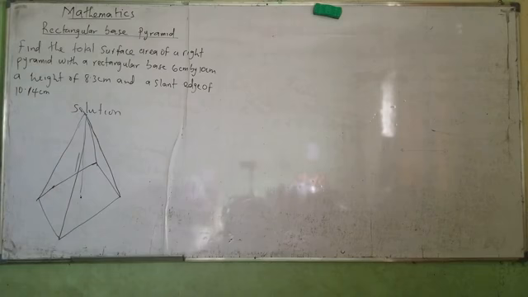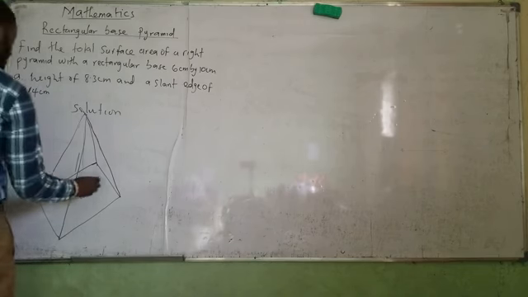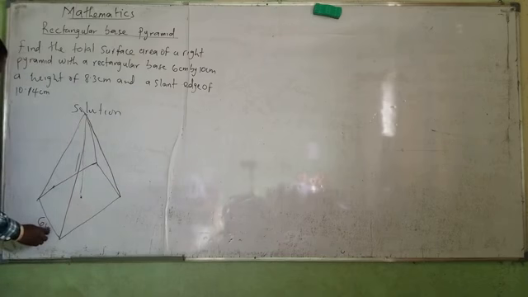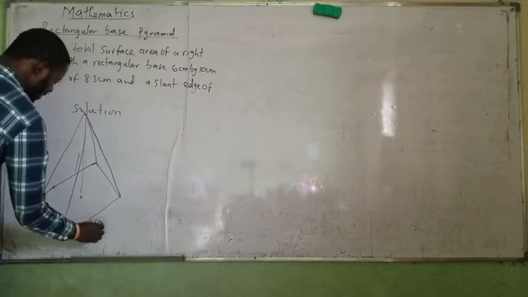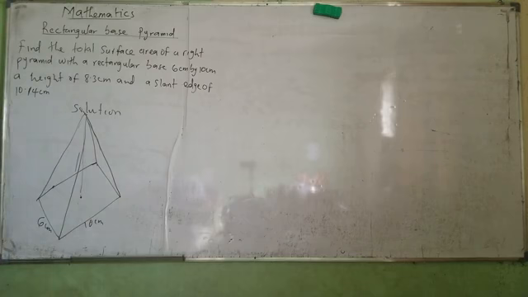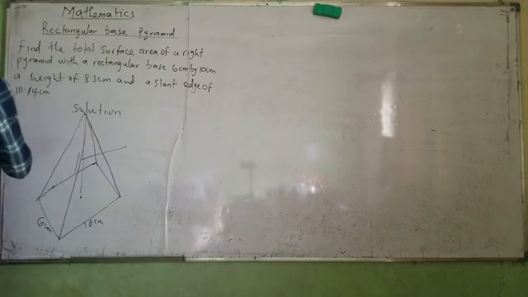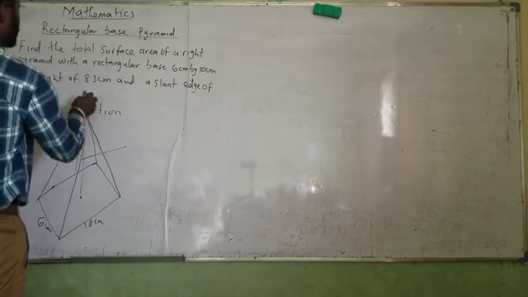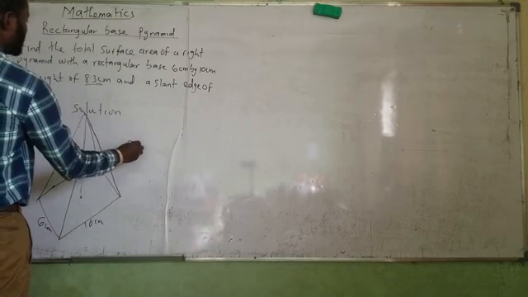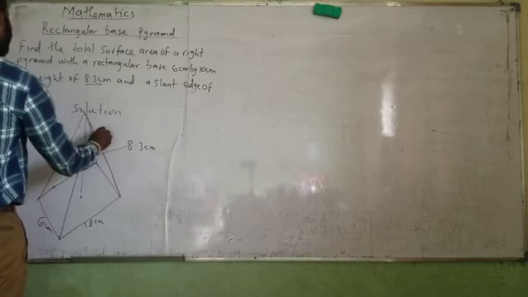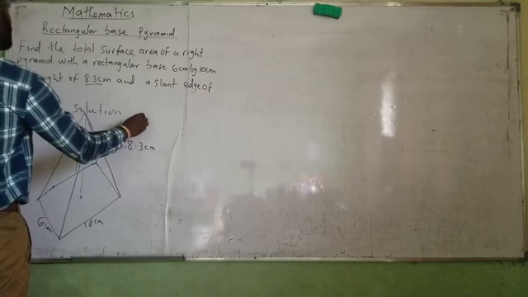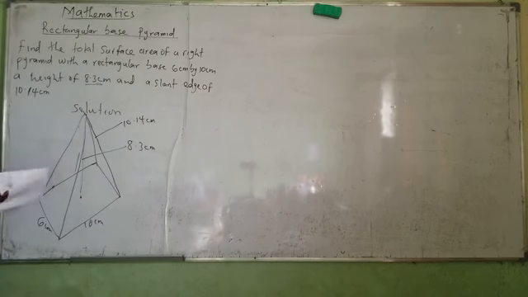They said the base is 6 by 10 centimeter, and the height is 8.3 centimeter, and the slant height is 10.4 centimeter. This is a very simple question that they can ask you anywhere.